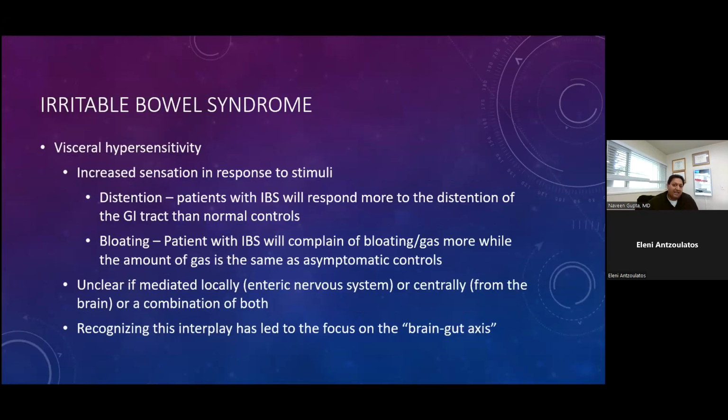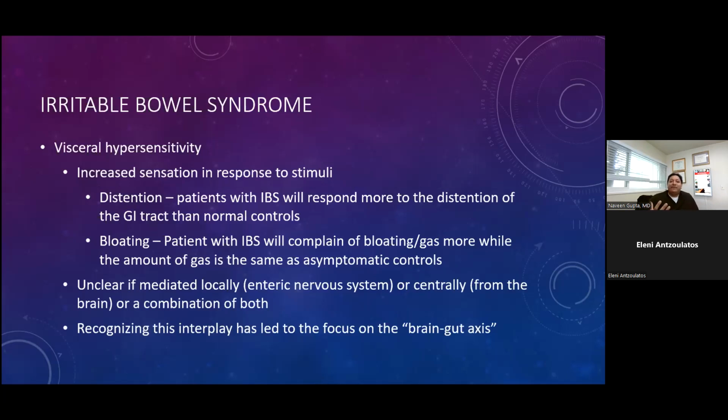Hypersensitivity. This is actually a part that I like more. I think it's much more common than we like to think about. The nervous system to the gut of a patient with irritable bowel syndrome is more attuned to what's going on in the gut than the average individual's is. And if you think about how they did this study, how they got patients to agree to this study, it's amazing. They've taken patients with irritable bowel syndrome compared to normal individuals.